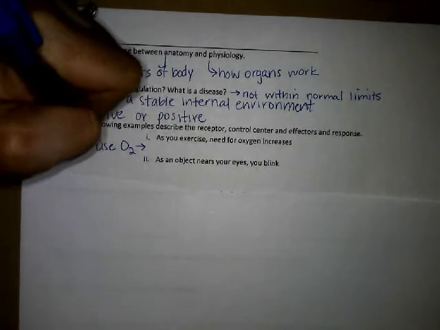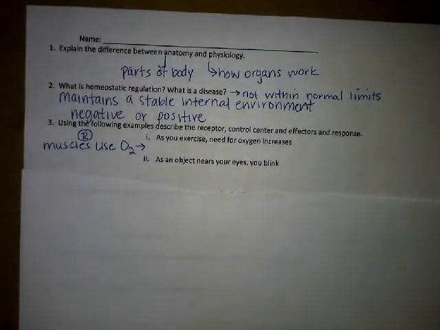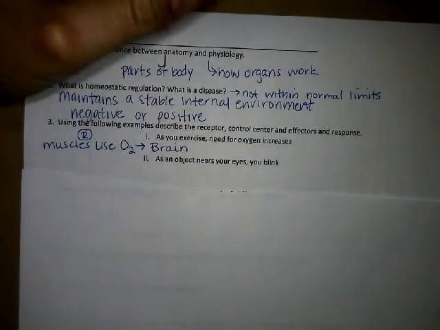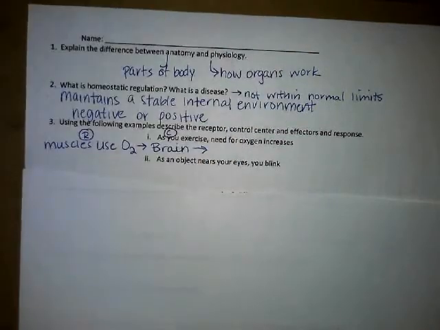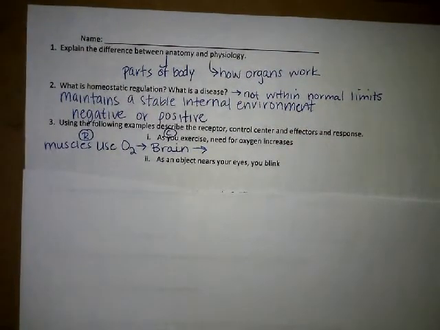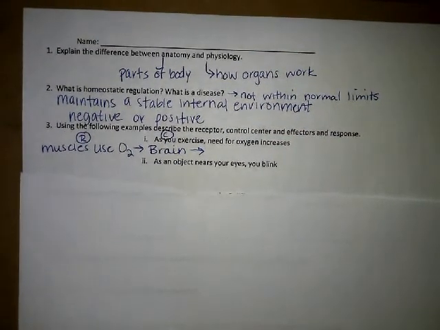So this is the receptor, a decrease in oxygen. This is going to send a signal to the brain, which would be the control center. The brain is then going to send out a signal to the effectors, which would be your heart and your lungs.